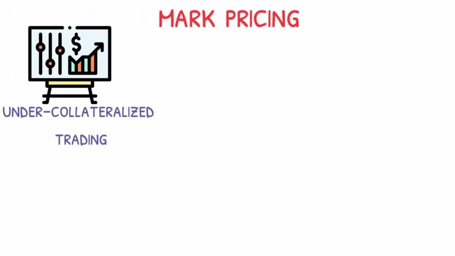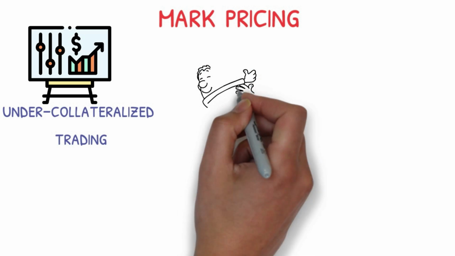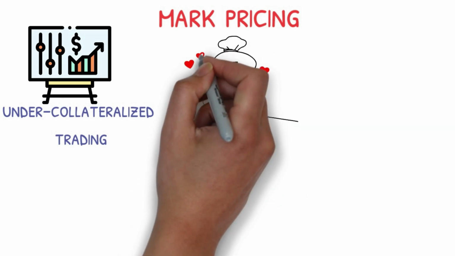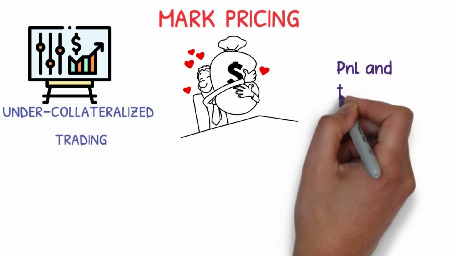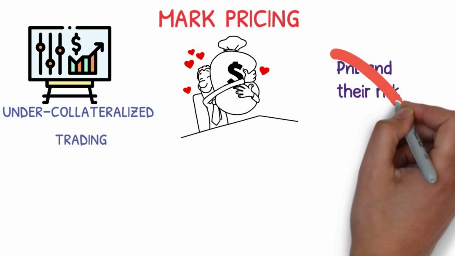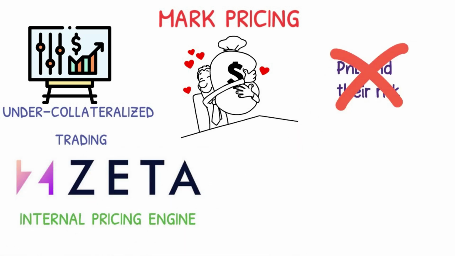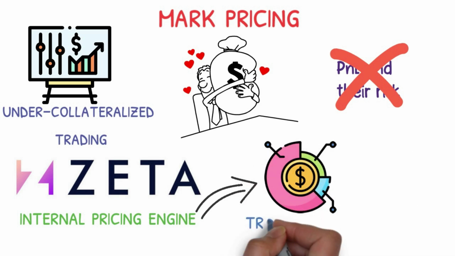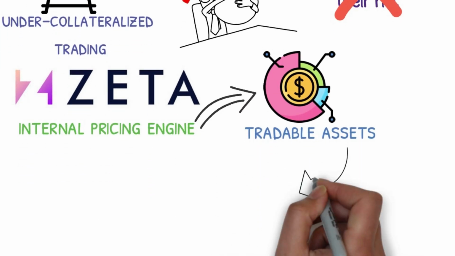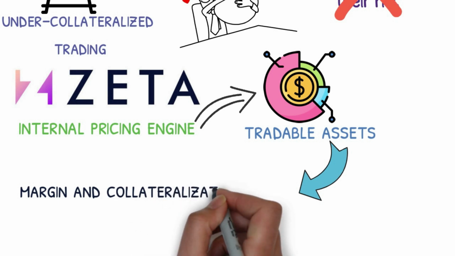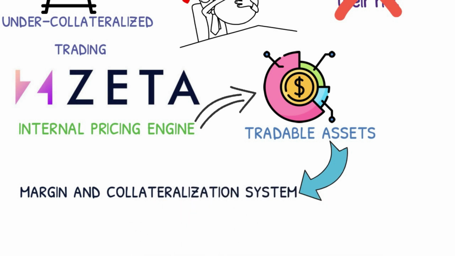In a world of under-collateralized trading, one of the most important inputs is knowing how much a user's positions are worth. Without this knowledge, it is impossible to determine their P&L and their risk. ZETA has its own internal pricing engine, which calculates the mark price of all tradable assets and uses this to inform its margin and collateralization system.